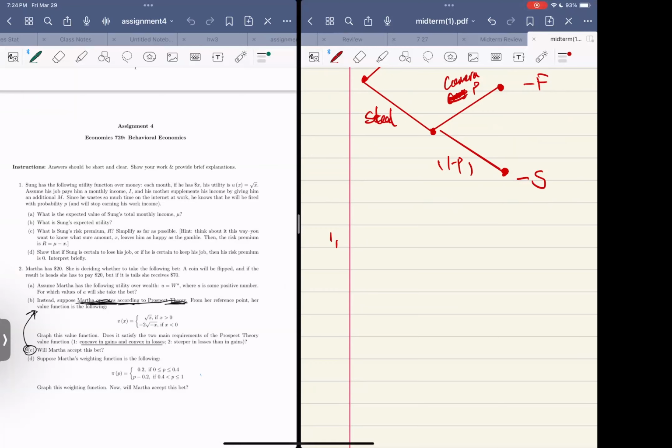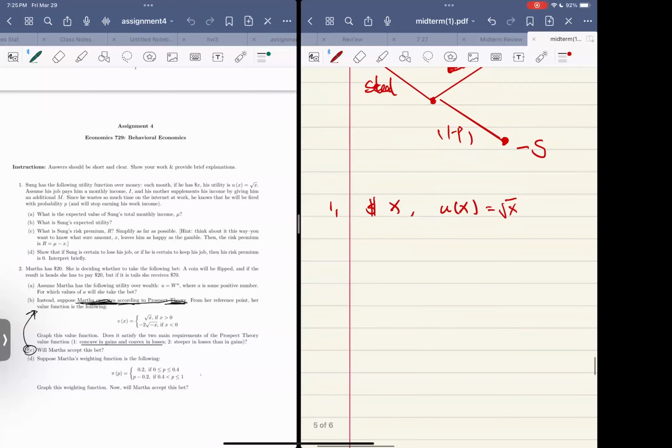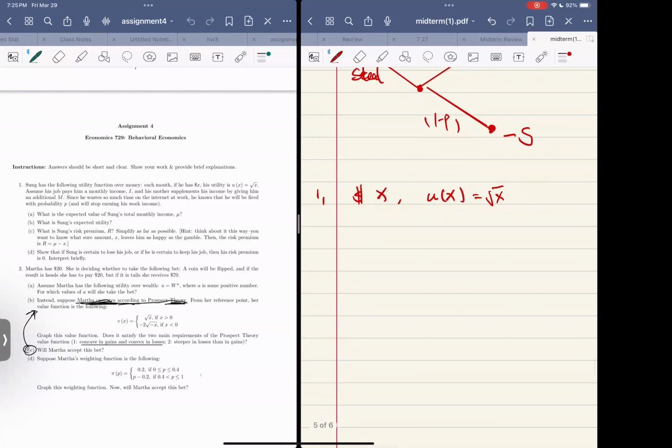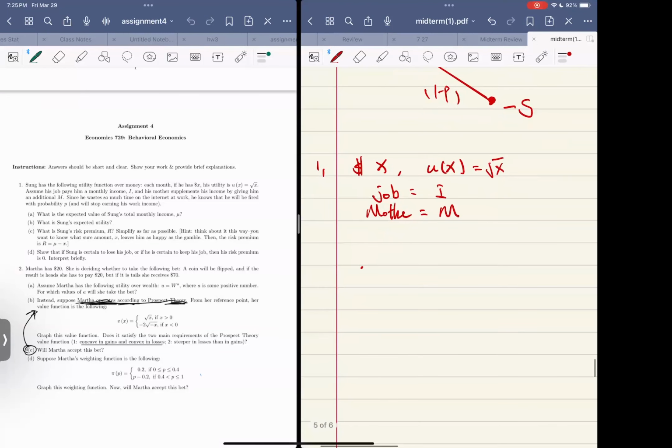So the person has a utility function over money each month. If he has X dollars, the utility of X equals the square root of X. Job income equals I. Mother's money equals M. So there are two scenarios.